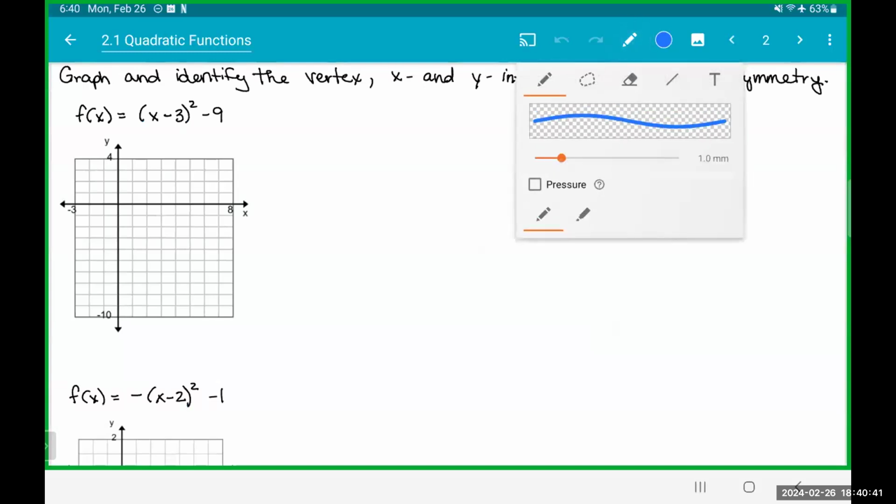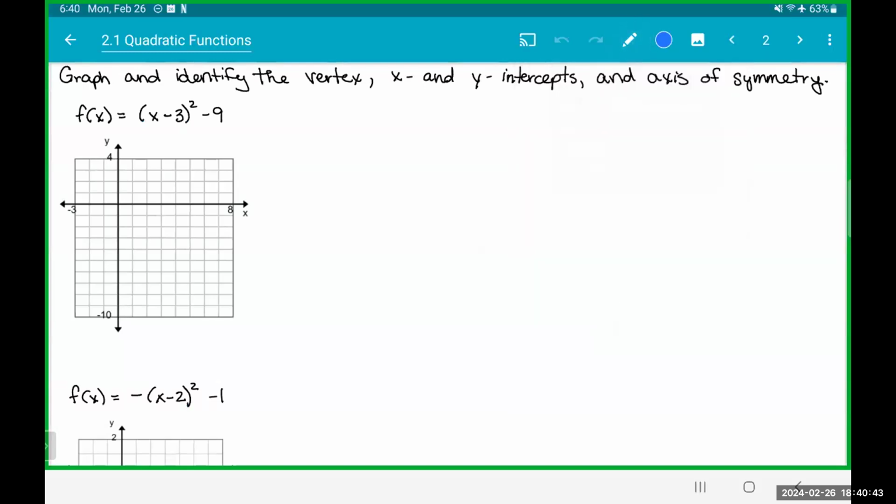Okay, so let's look at some examples. If we want to graph f of x equals x minus 3 squared minus 9, we could do so. We know that our vertex is, well, first of all, let's look at our h and our k, right? So our h is equal to 3 and our k is equal to negative 9, right? Because we're already in vertex form over there.